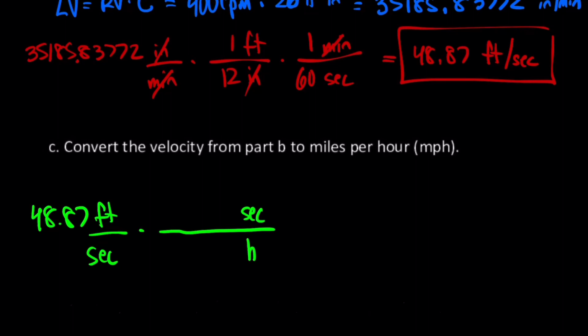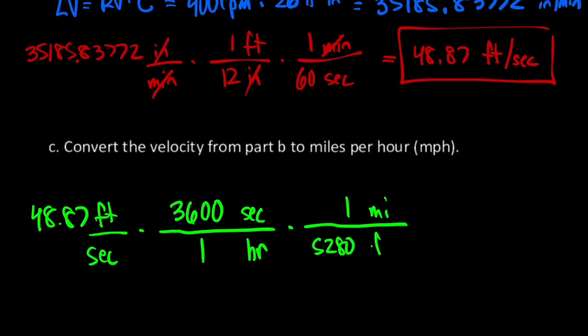Here's how you do it. 60 seconds in a minute, 60 minutes in an hour, 60 times 60, 3,600 seconds in 1 hour. And feet to miles, 1 mile is 5,280 feet. And to nearest tenth here, I got 33.3 miles per hour, because it doesn't say what to round to. Just go to nearest tenth.